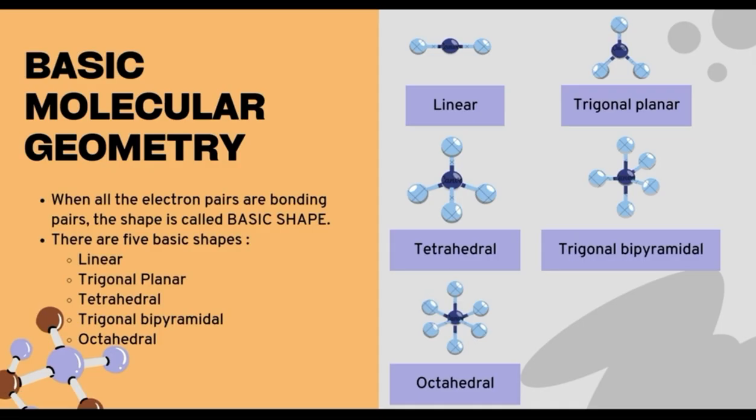There are 5 basic molecular geometries: linear, trigonal planar, tetrahedral, trigonal bipyramidal, and octahedral. Linear is for 2 bonding pairs, trigonal planar is for 3 bonding pairs, tetrahedral is for 4 bonding pairs, trigonal bipyramidal is for 5, and octahedral is for 6 bonding pairs. So you can see the shape in this diagram.